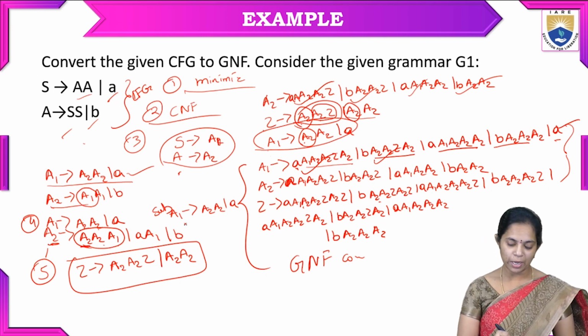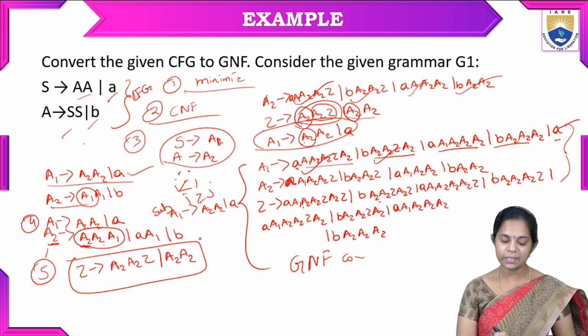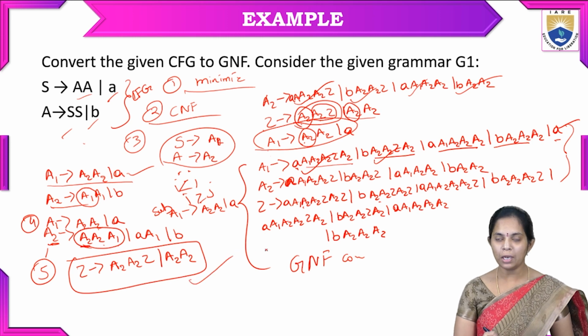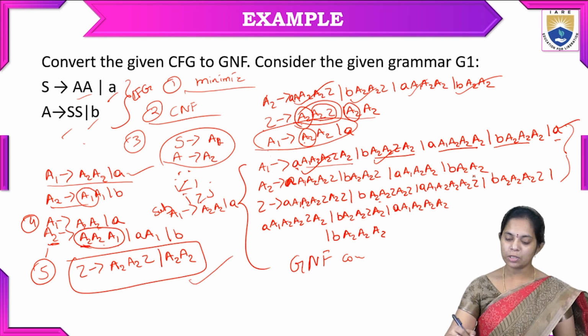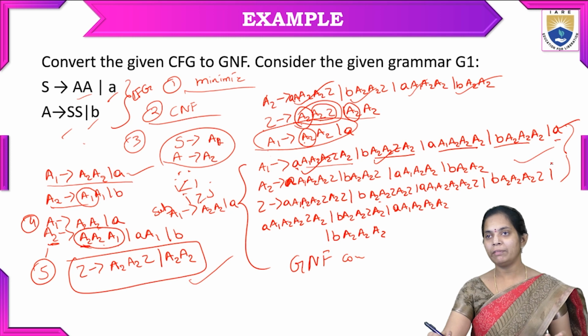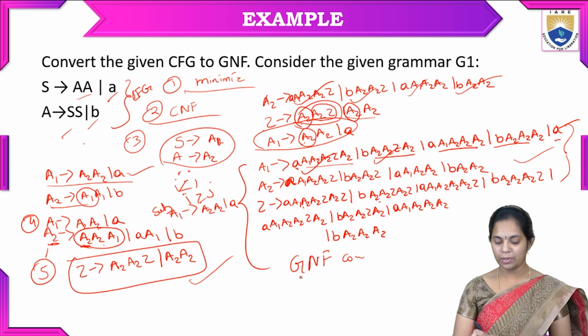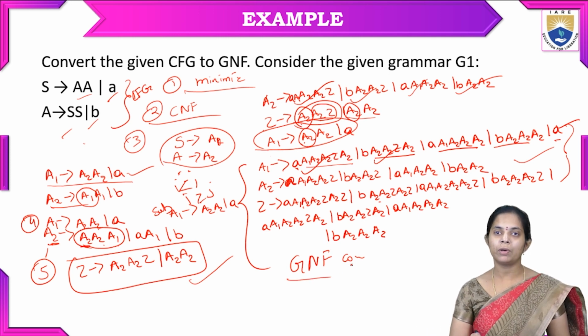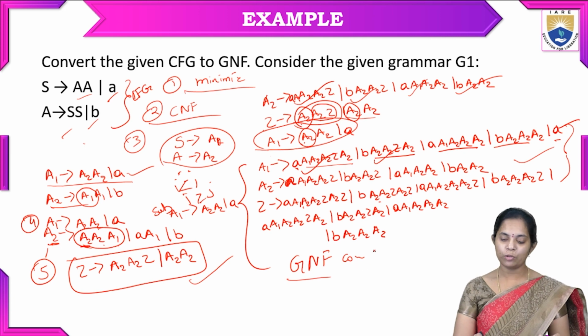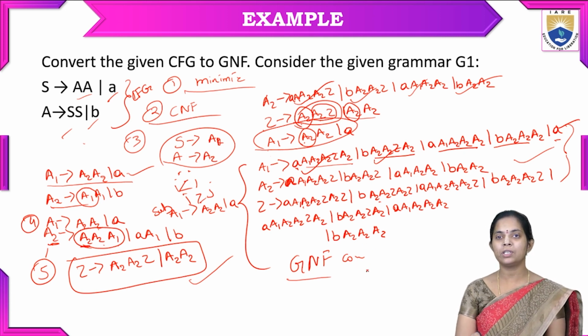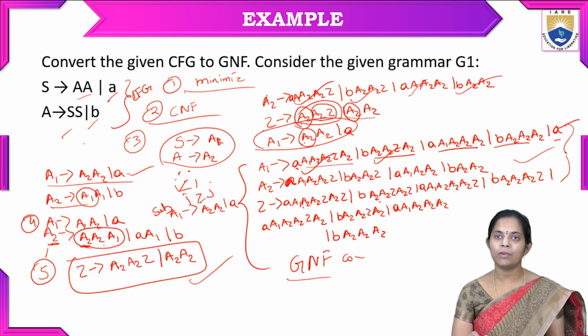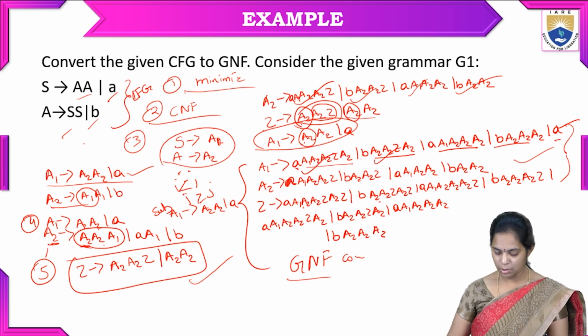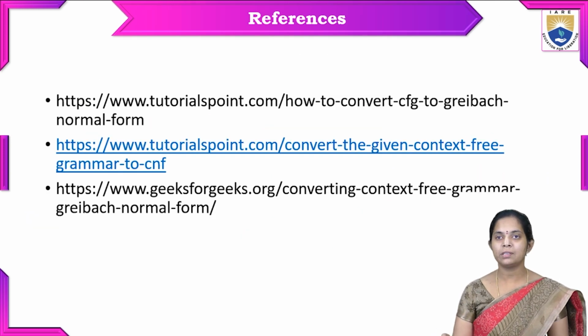After that, we have to check the two conditions, and if there is any left recursion, we have to add a new variable and substitute in all the grammar. We have to check the entire grammar to see whether the conditions of GNF are satisfied or not. And these are the references.